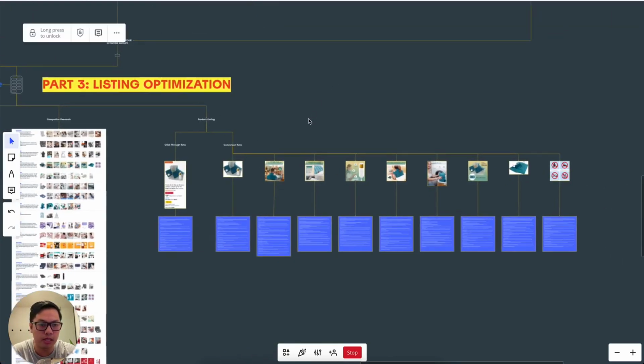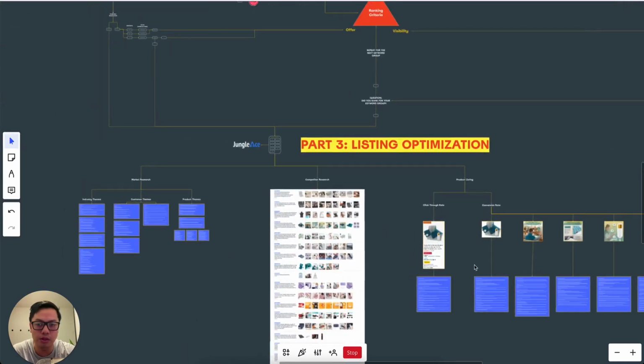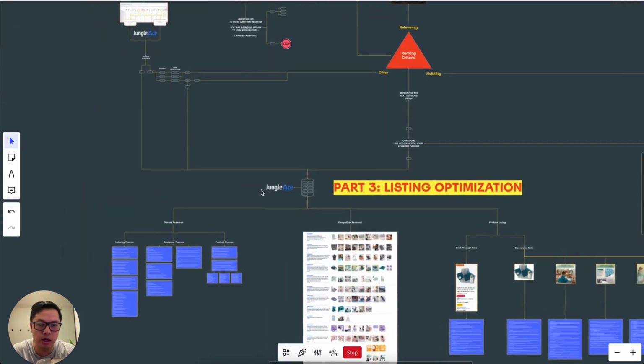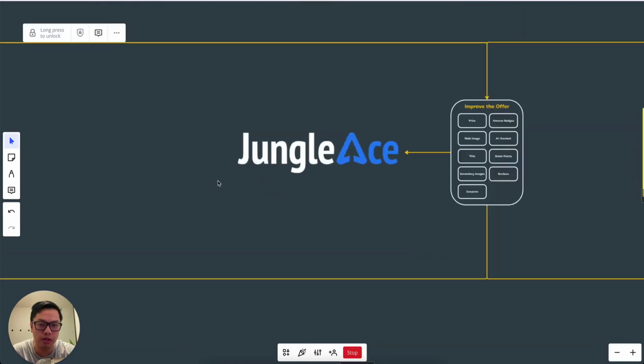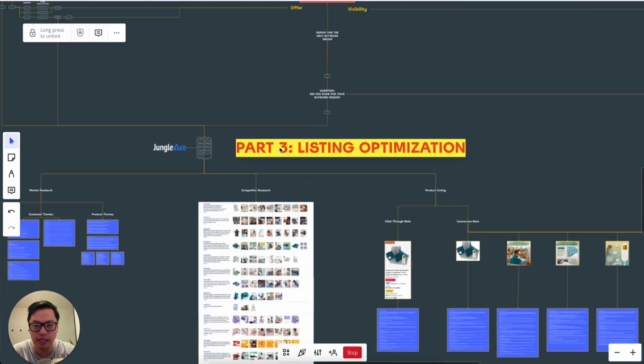Again, I don't own this ASIN. This is just kind of what I would have done. And then I would push this all to split testing, which you can then also do in Jungle Ace. So we do also specialize in split testing there, but I will show you that in the next part.